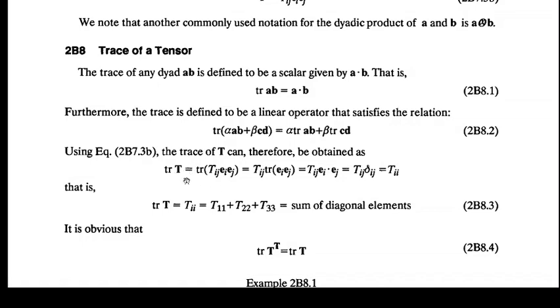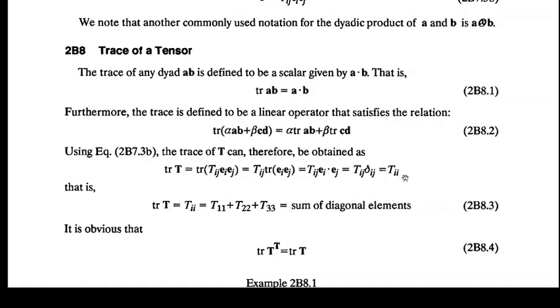So trace of T can be written as the trace of Tij Ei Ej, and we can write Tij outside because the trace is linear and Tij are simply scalar numbers, leaving the trace of Ei Ej. The trace of Ei Ej is Ei dot Ej, which is delta ij. If you calculate this, you will have Tii.